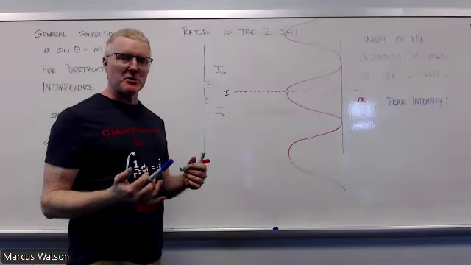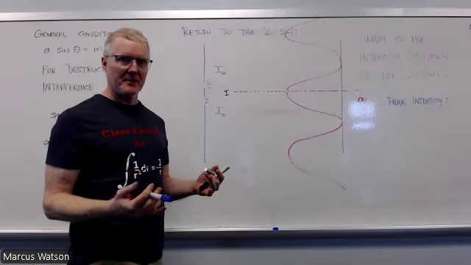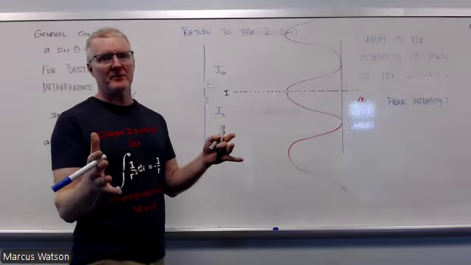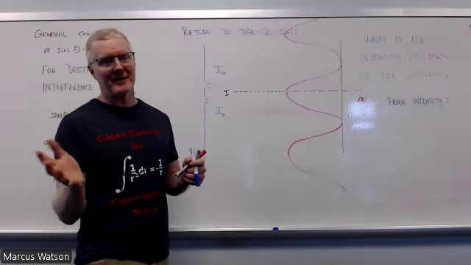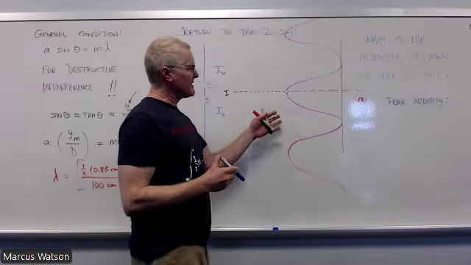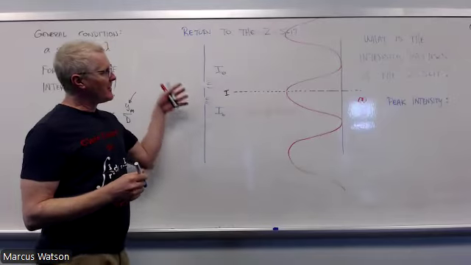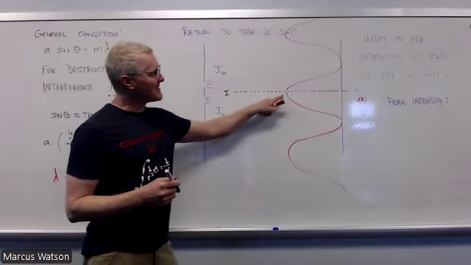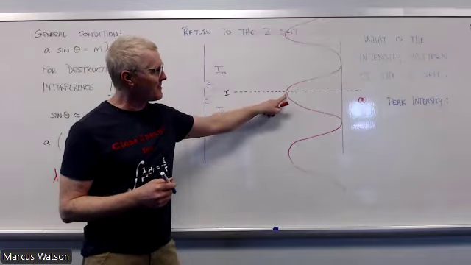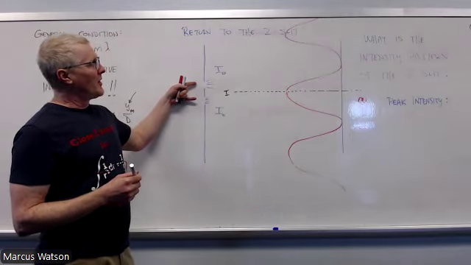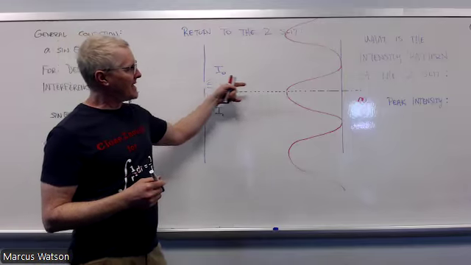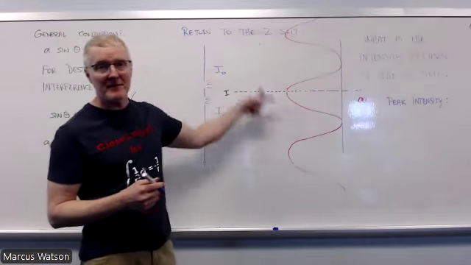Well, what we're finding is actually it's getting redistributed. It's not that it's gone, it's just that we've put it somewhere else. Well, we haven't done that. The light did that for us. If I consider the size of the peak here, how much intensity is getting to the central point, or any of these bright spots?